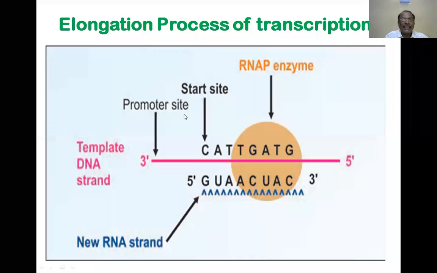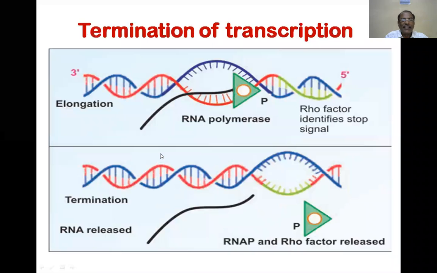The promoter site is a peculiar site with specific sequences, called Pribnow boxes. The end is sensed by a protein called the Rho factor, which identifies the stop signal. So RNA polymerase continuously polymerizes, and the Rho factor stops it.